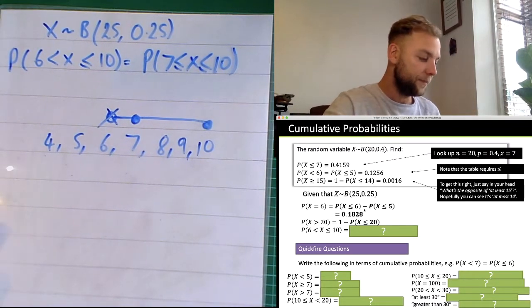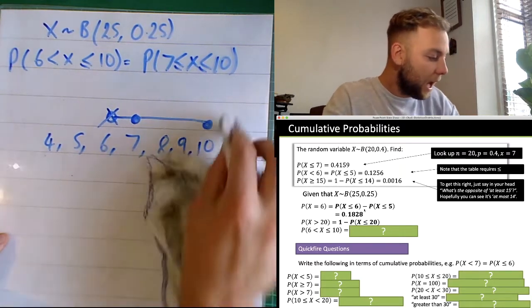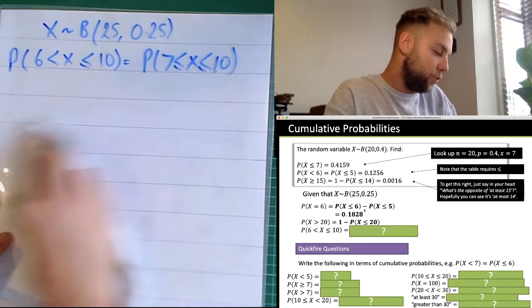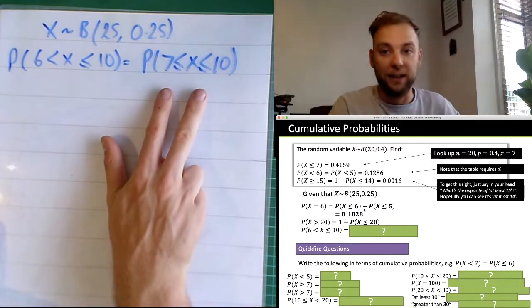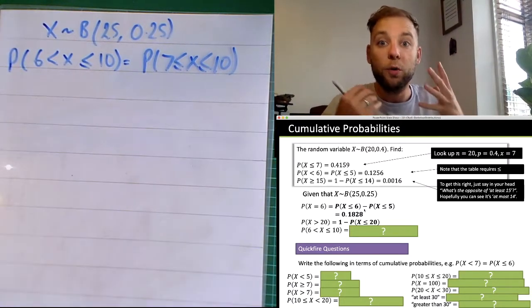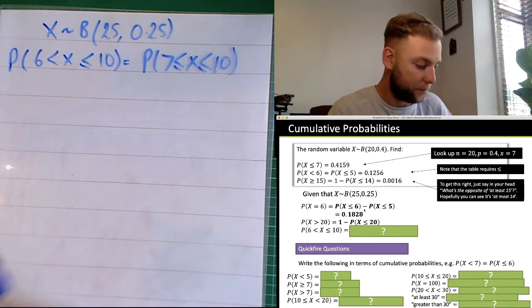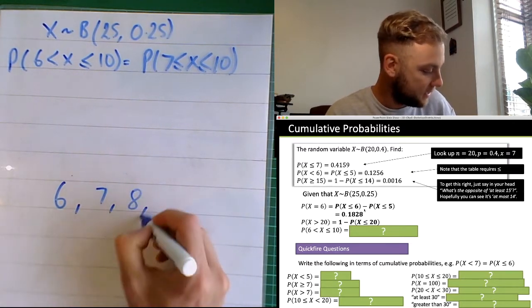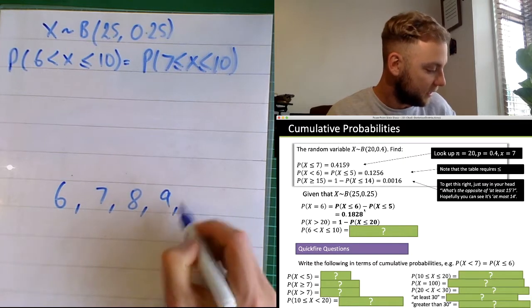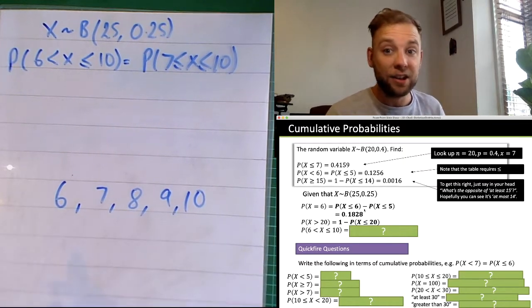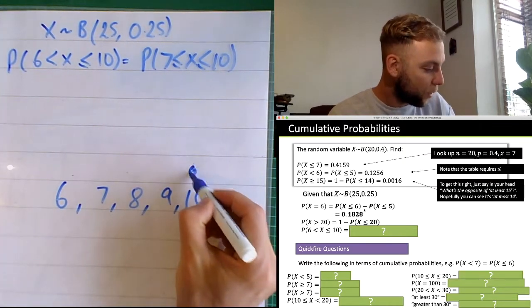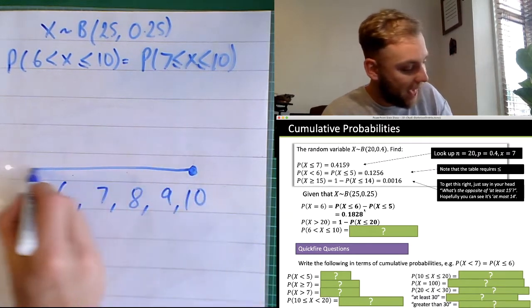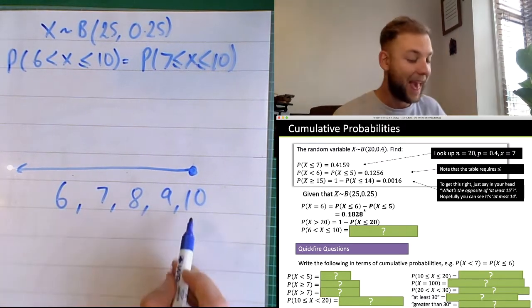Okay? Now, there's no way to do this on your calculator. But what you can do is work them out separately. So if I write this here again, 6, 7, 8, 9, and 10, you can on your calculator work out the probability of everything which is less than or equal to 10.